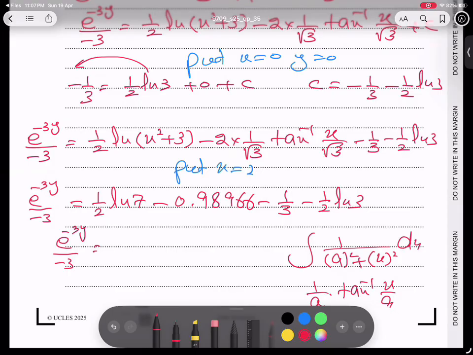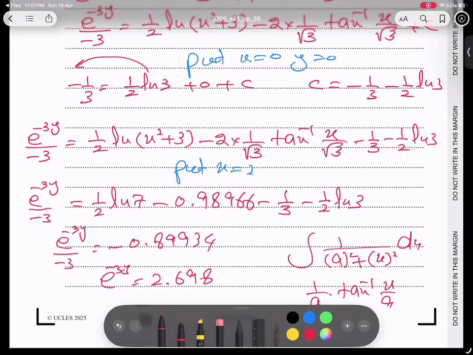Okay, we are getting here negative 0.89934. So multiply with negative 3. And we are getting e to the power negative 3y is equal to 2.698. Now, student, what to do?